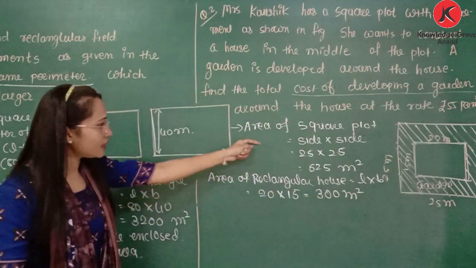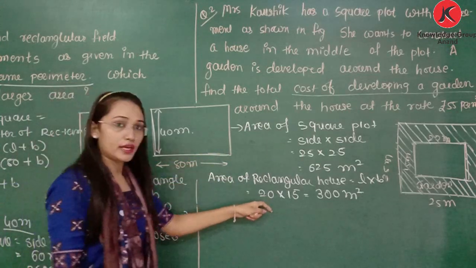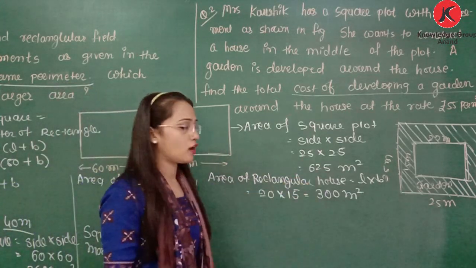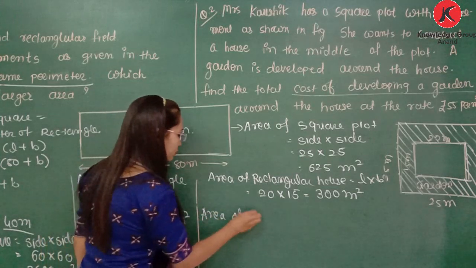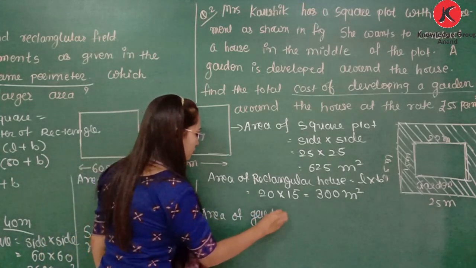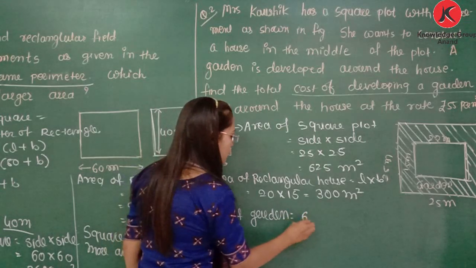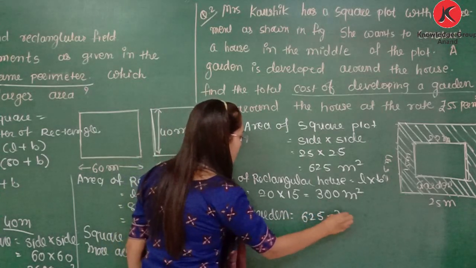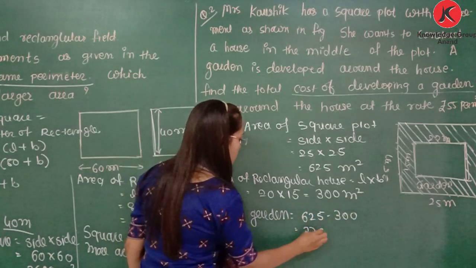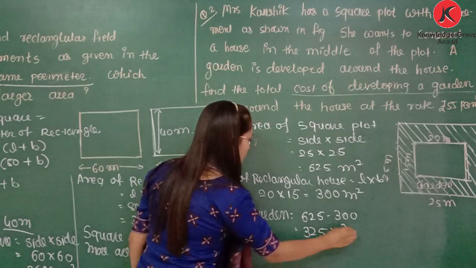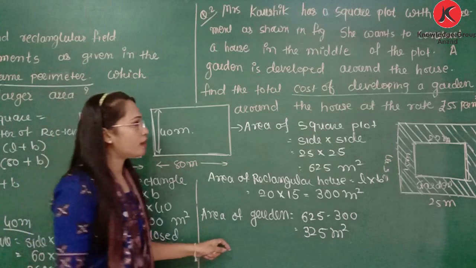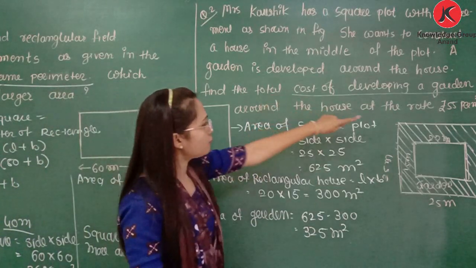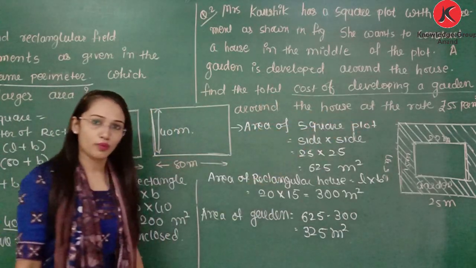From the total area of the plot, if we subtract the area of the house, we will get the area of the garden. So area of garden is equal to 625 minus 300, which is 325 meters squared. Now the cost for developing a garden is 55 rupees per meter squared.